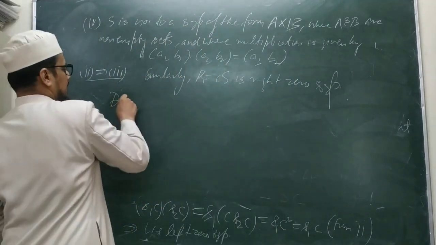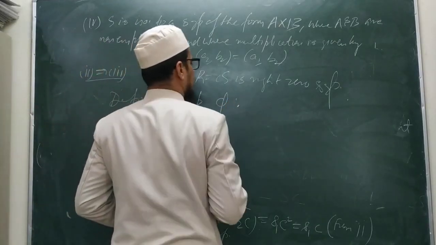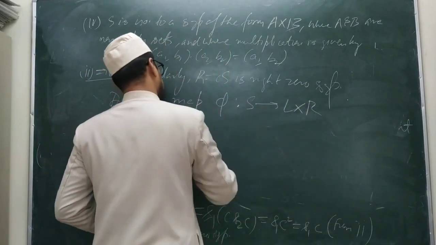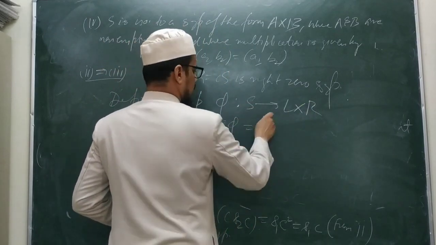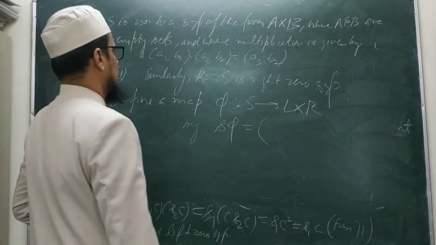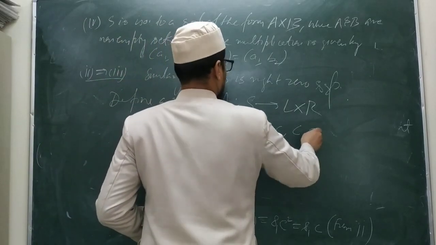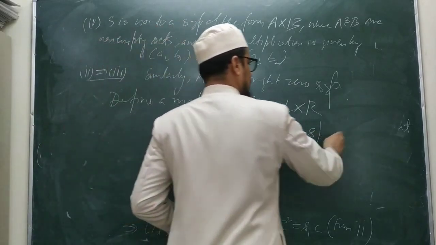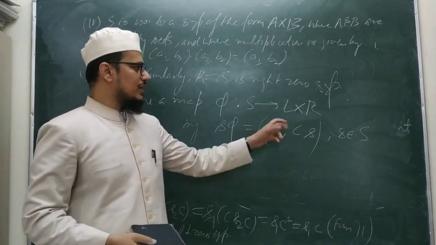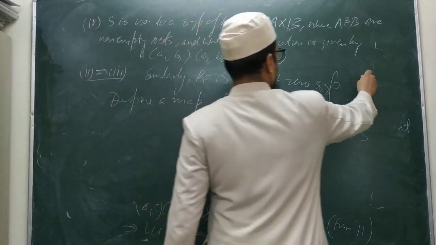Now define a map phi from S to L cross R by S phi is equal to SC comma CS, for S belongs to S. Of course, you can see that SC is going in L. What is L?